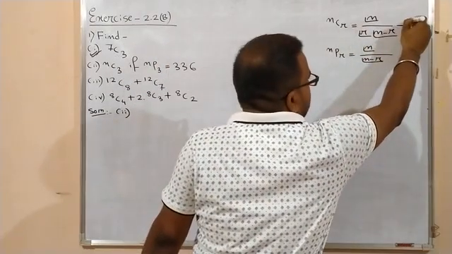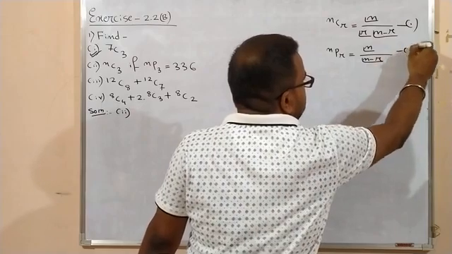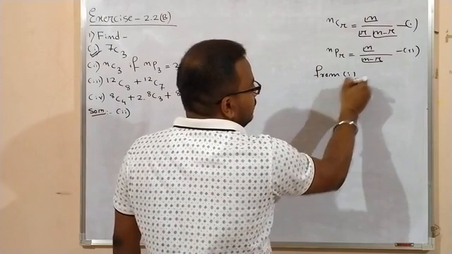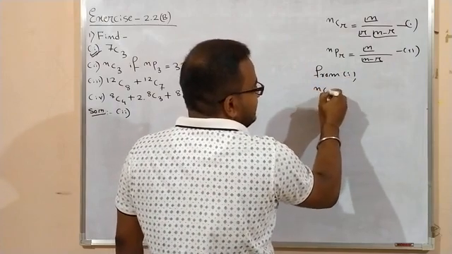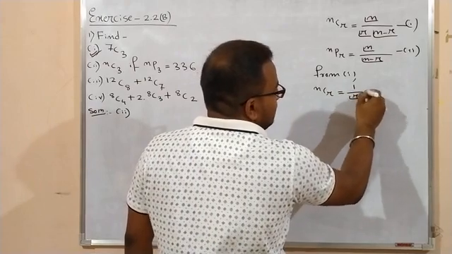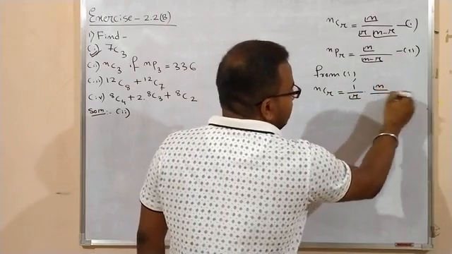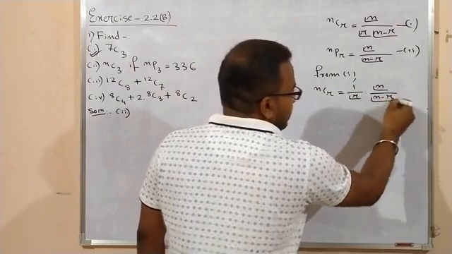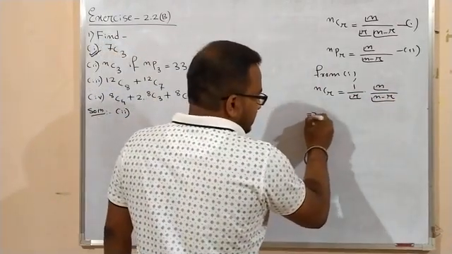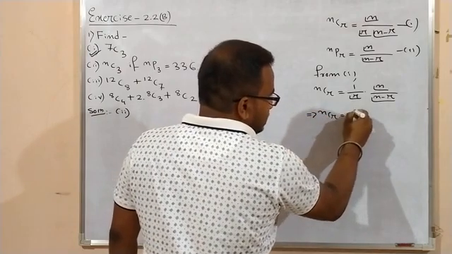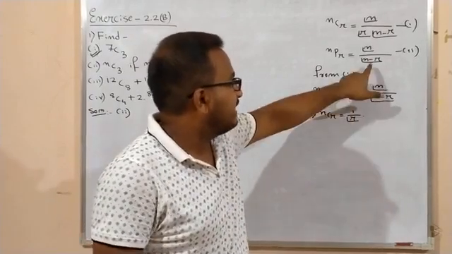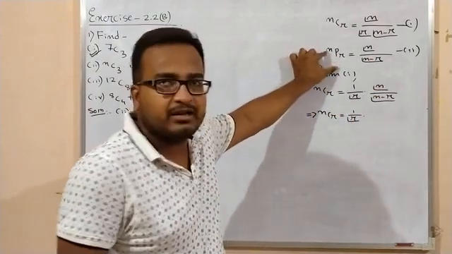So call it equation number 1 and equation number 2. Now from 1, NCR equals 1 by factorial r into factorial n by factorial n minus r, which is nothing but my NPR.